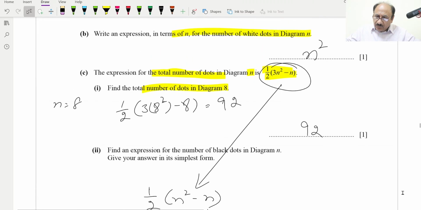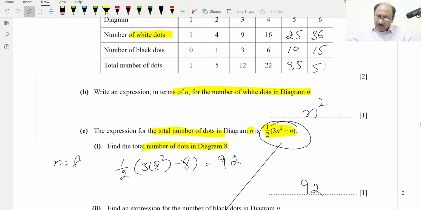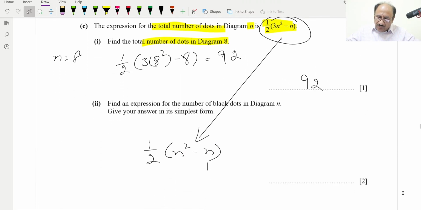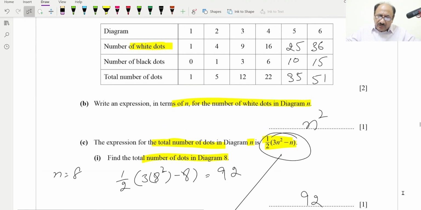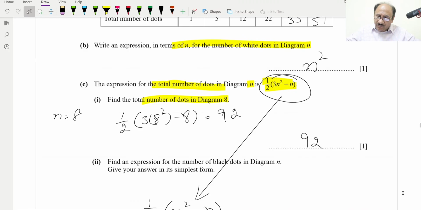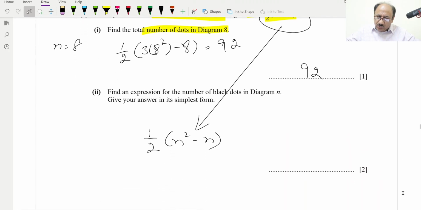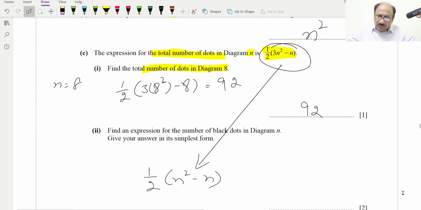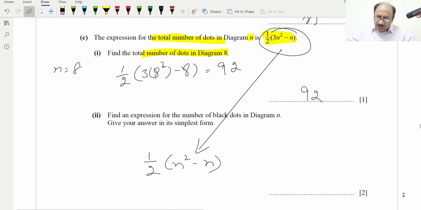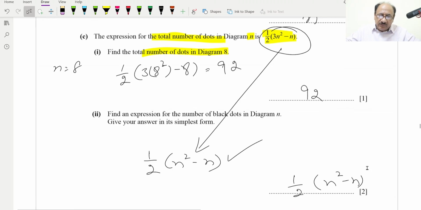If we replace n is equal to 1, we will get 0, so black dots will be 0. And if we take n is equal to 2, the answer will be 1. So this formula will be working, and we can provide over here 1 by 2 into n square minus n, and this will be our formula for this part.